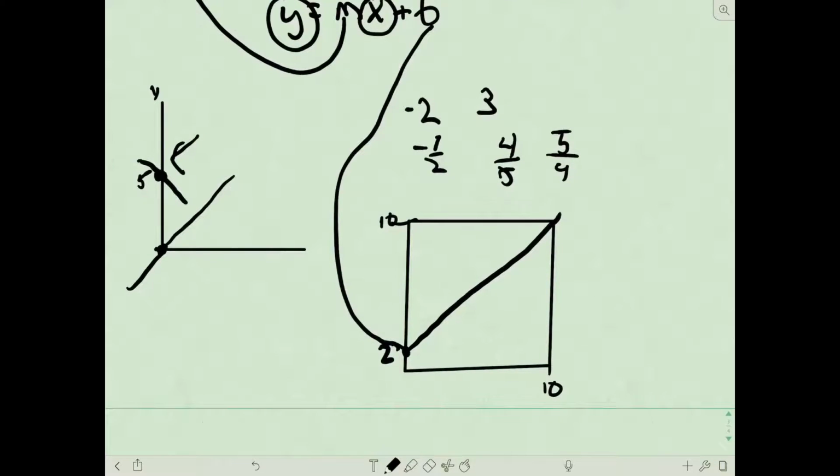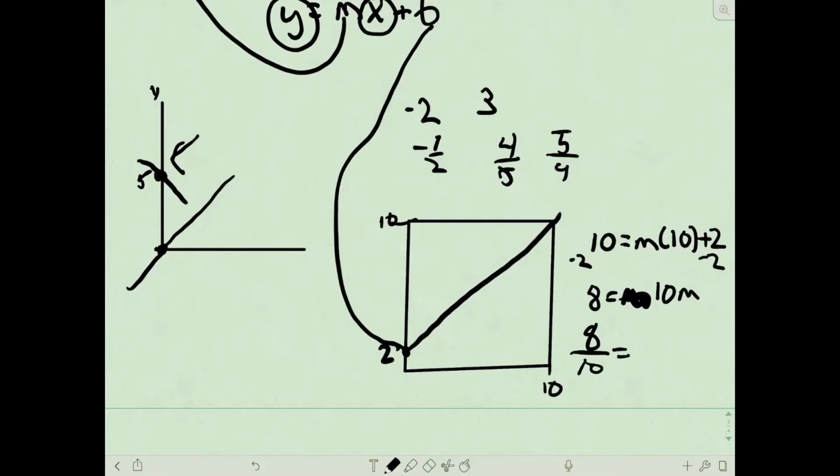So let's try that once. y is 10 equals slope times 10 plus 2. So we're going to subtract 2, 8 equals 10m, divided by 10, 8 tenths equals m, or 4/5.